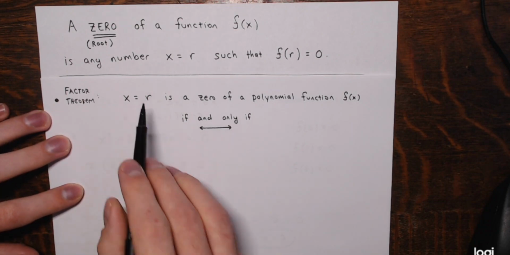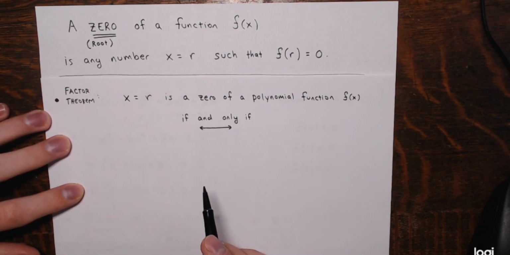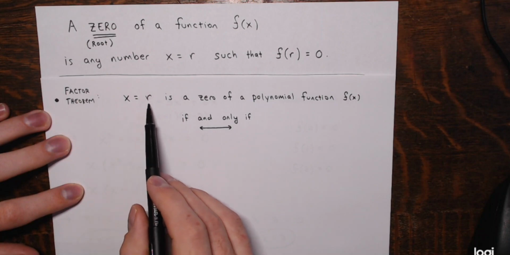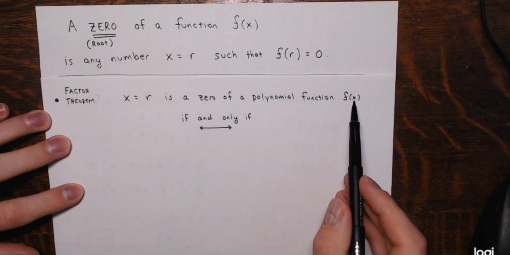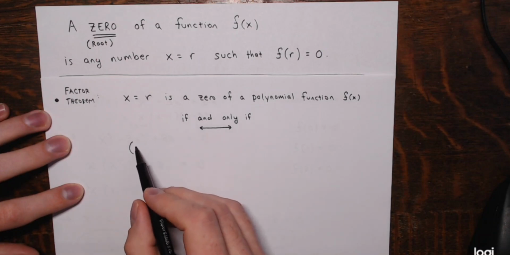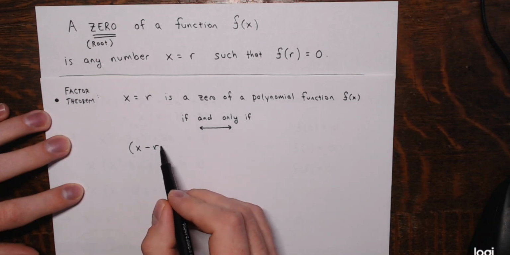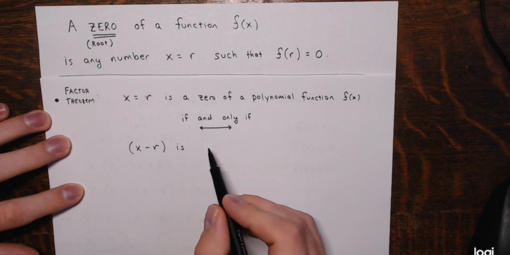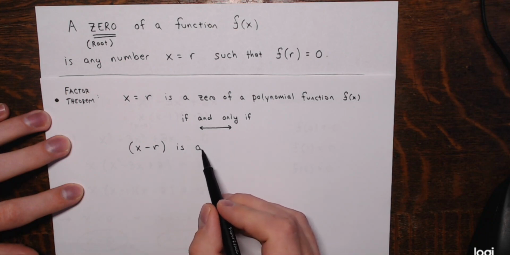So if this, then that; if that, then this. X equals r is a zero of a polynomial function f of x if and only if the quantity x minus r is a factor of f of x.